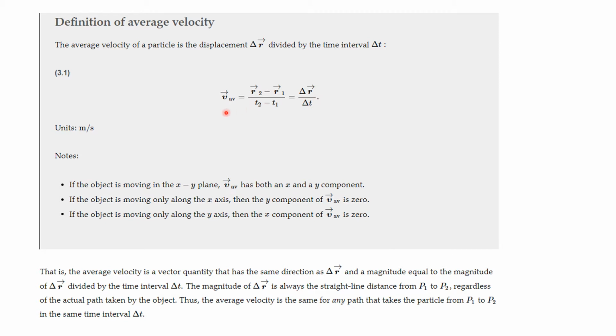So the average velocity vector is going to be the change in the position vector divided by the change in t. If the object is moving in the xy plane, then that has both an x and a y component. If it's only moving in one direction, the other component is 0.